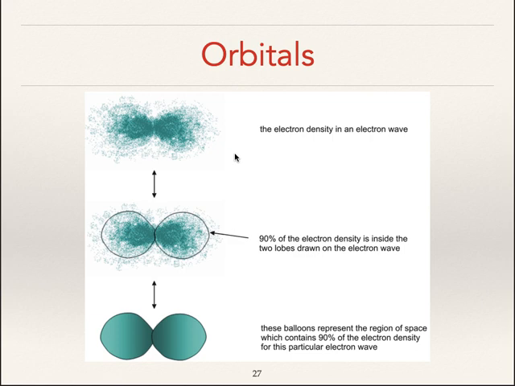But that tells you nothing about where the electron was 10 seconds ago. It tells you nothing about where the electron's going to be in 10 seconds, right? Orbitals are a region of space where you're likely to find an electron.